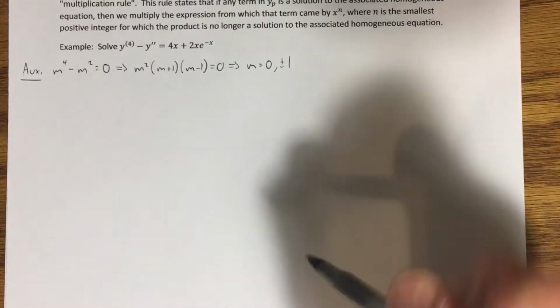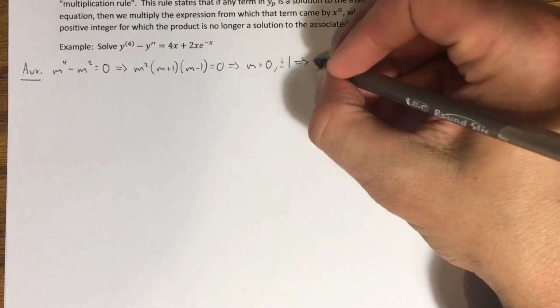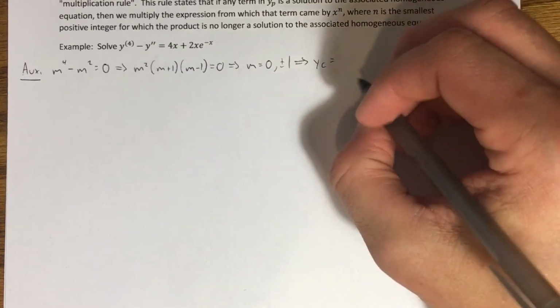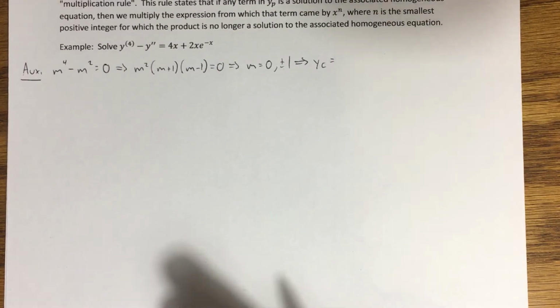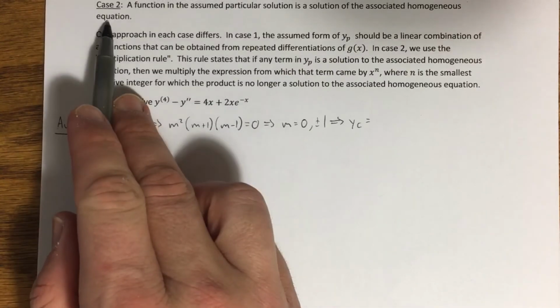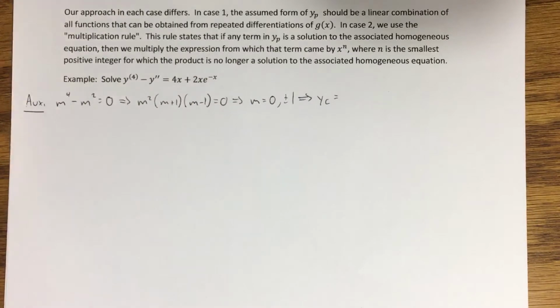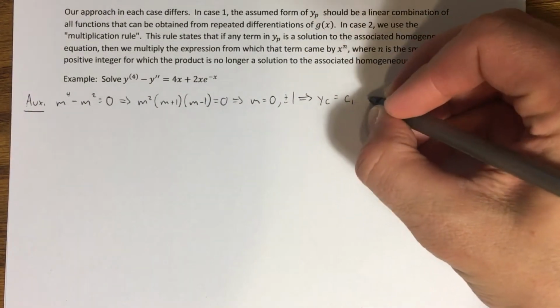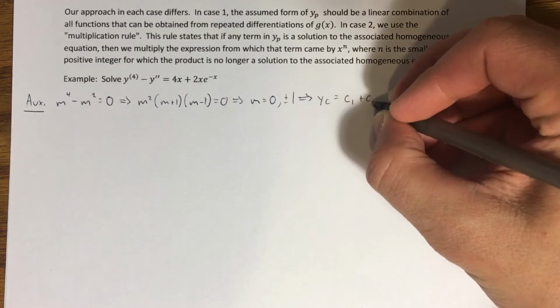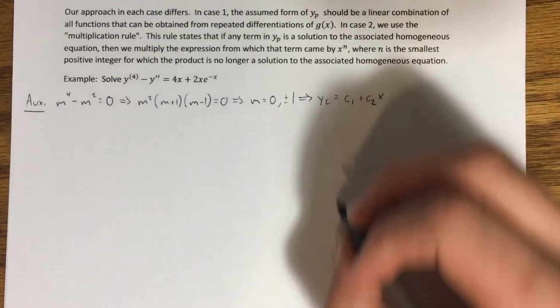And so we know that when you are going to your complementary solution, that's like case 2 of what we dealt with back in section 4.3. Not this case 2, but the case 2 of the 3 cases we looked at in 4.3. So that's going to generate C1 plus C2x, okay?